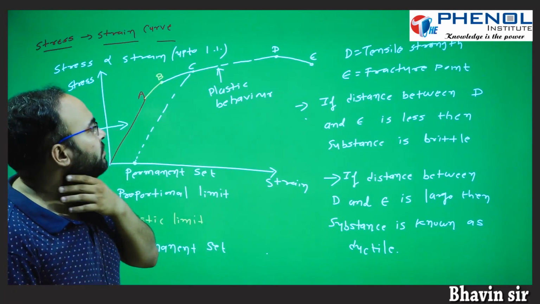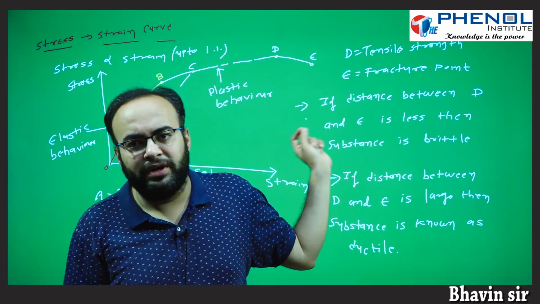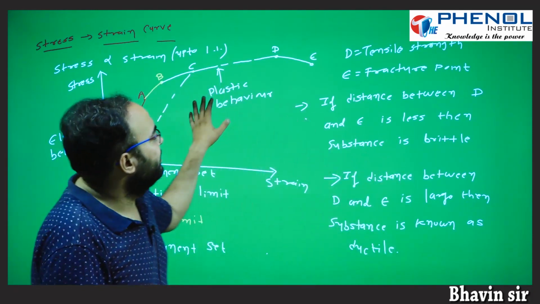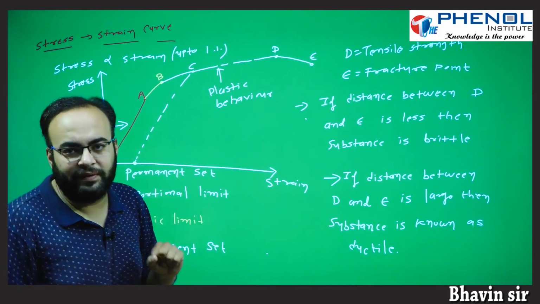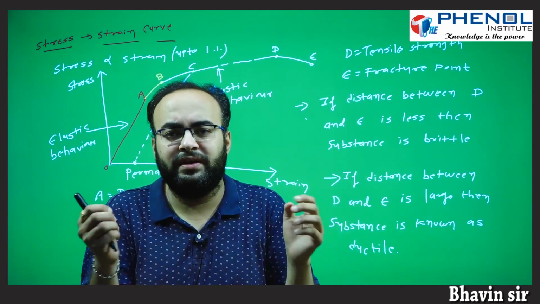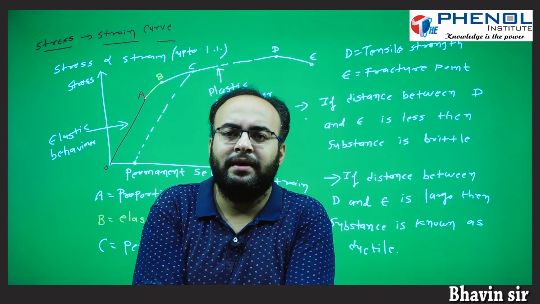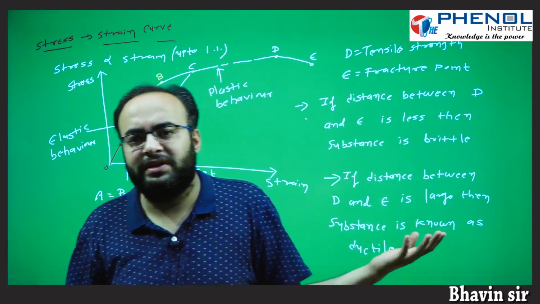Up to point C, we can stretch the substance. So D is known as its tensile strength, and this region is known as plastic behavior. But after point D, if we increase the length, then at point E the substance breaks. So E is known as the fracture point.